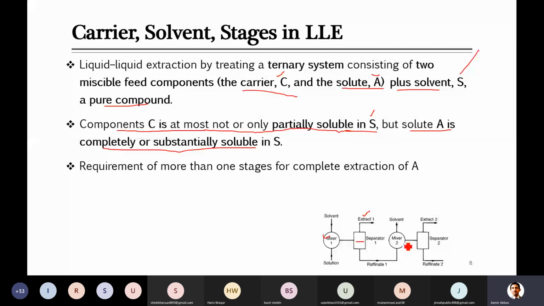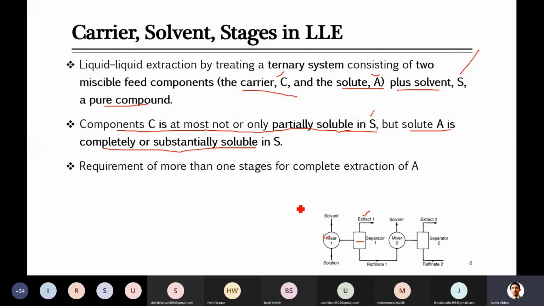So then what you will do is bring it in contact with more solvent. In order to increase the mass transfer, we bring it in contact with more solvent in the next stage, more contact, more mixing, and then the transfer will take place, and so on. Depending on the purity which you need, or the amount of solute which you want to transfer, whether it is 90%, 97%, 99%, or whatever the value, based on that we will be designing the equipment, and calculating the number of stages required.